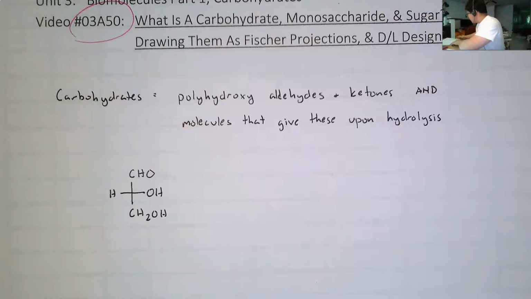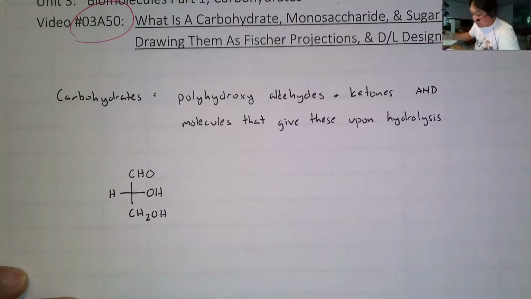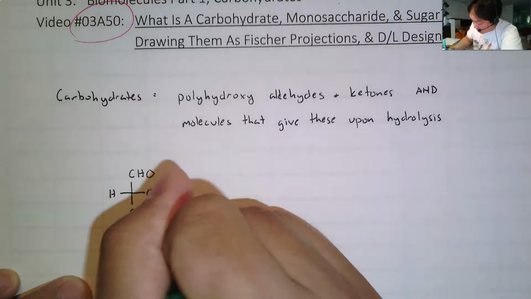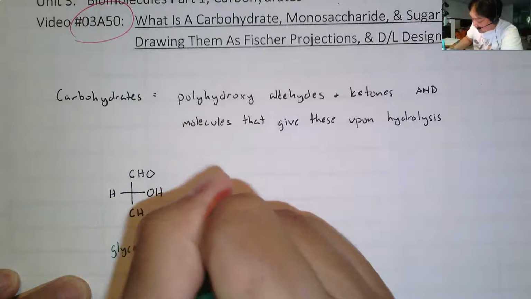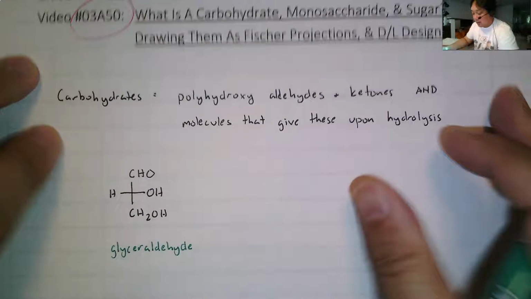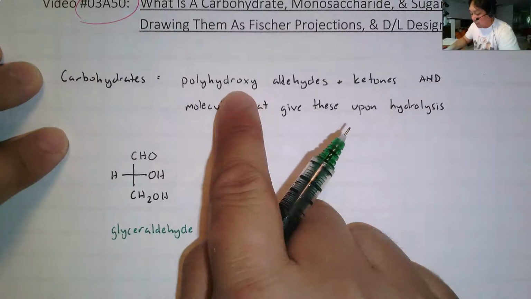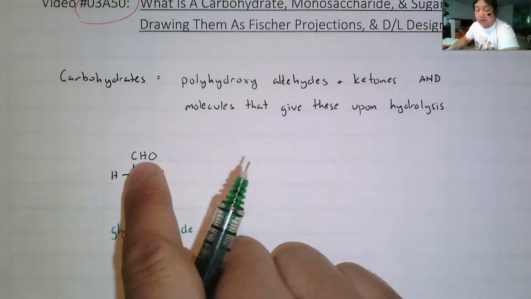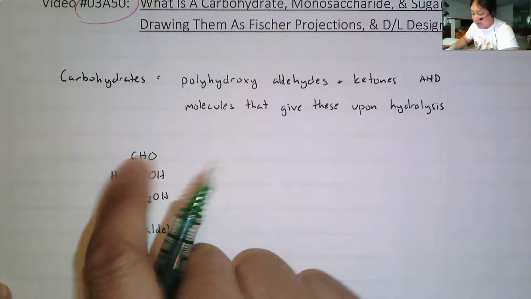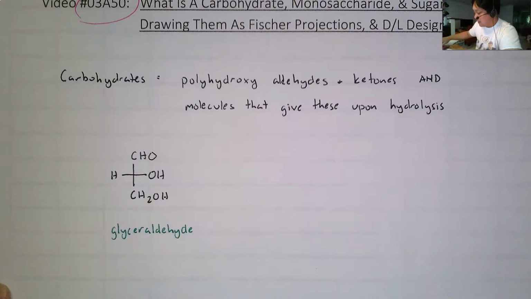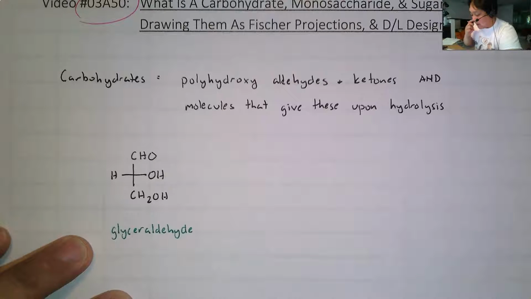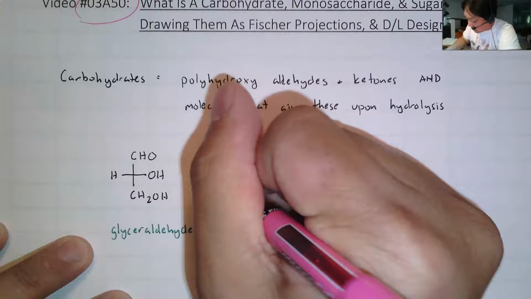This is called glyceraldehyde, common name. Does it satisfy the definition for a carbohydrate? Yeah. It has more than one hydroxyl group and an aldehyde. Don't forget that CHO is C double bonded to O and with a hydrogen. I drew it like this because this is a type of drawing called a Fischer projection.